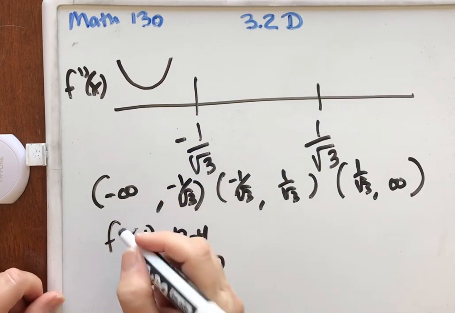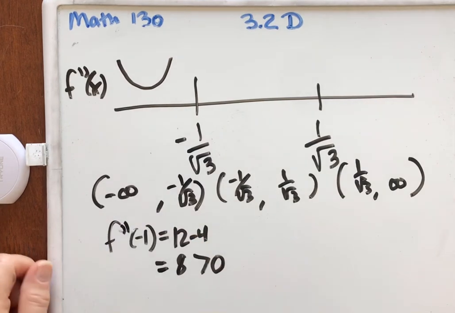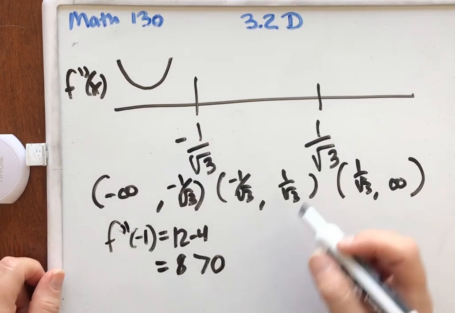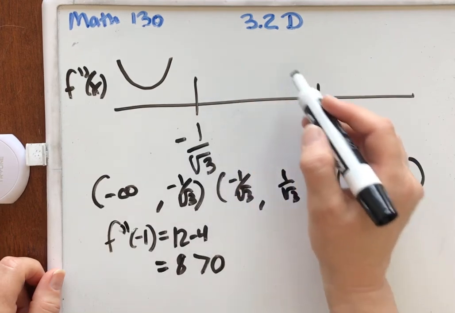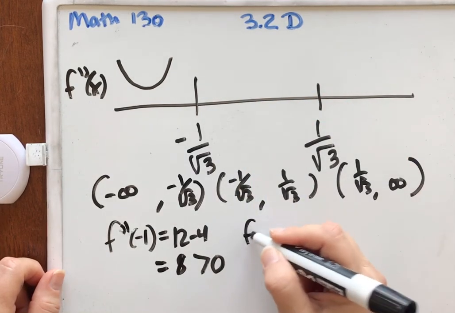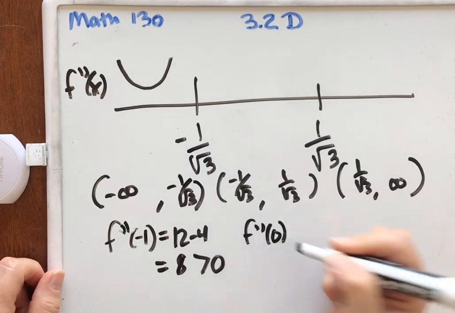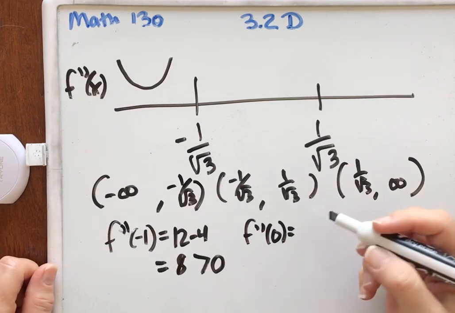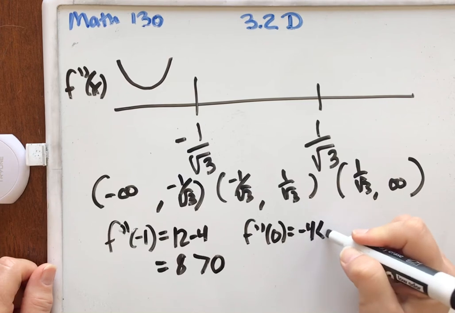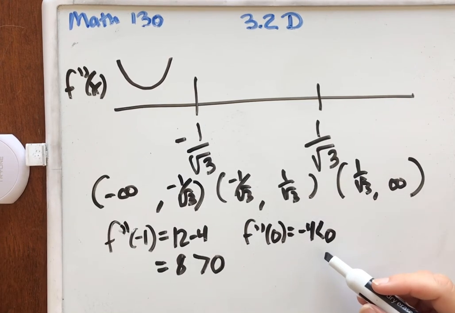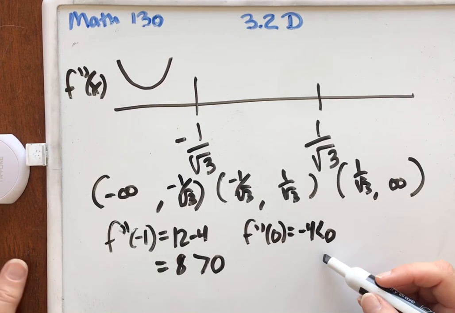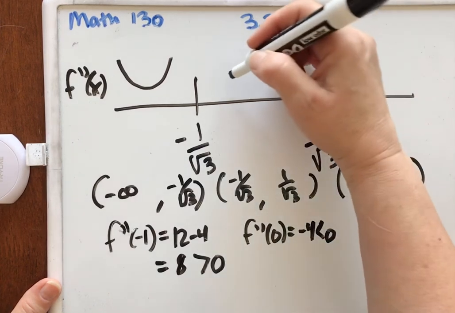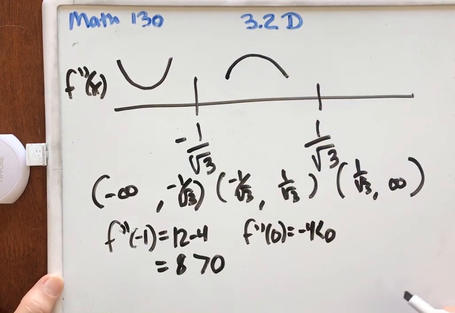Okay, so we're testing the second derivative for concavity. Let's choose another point that's in here. Let's choose 0, f double prime of 0. And that equals negative 4, which is less than 0. So since it's less than 0, is it going to concave up or down? You're right, it's going to concave down.